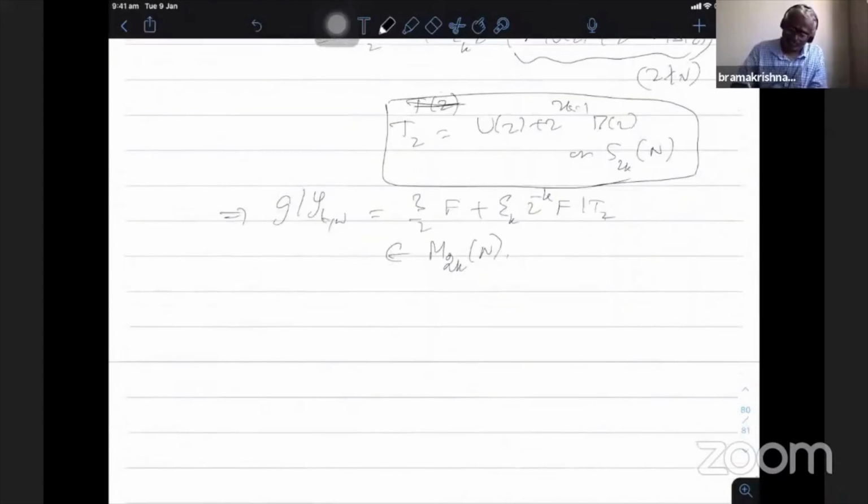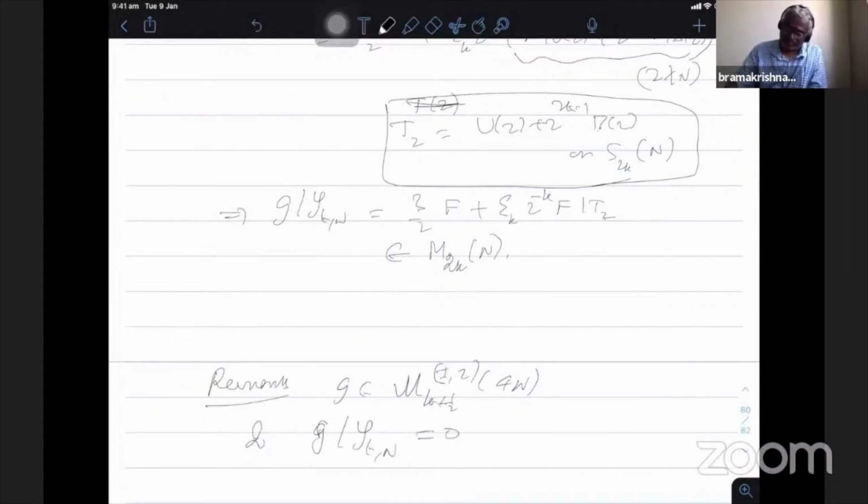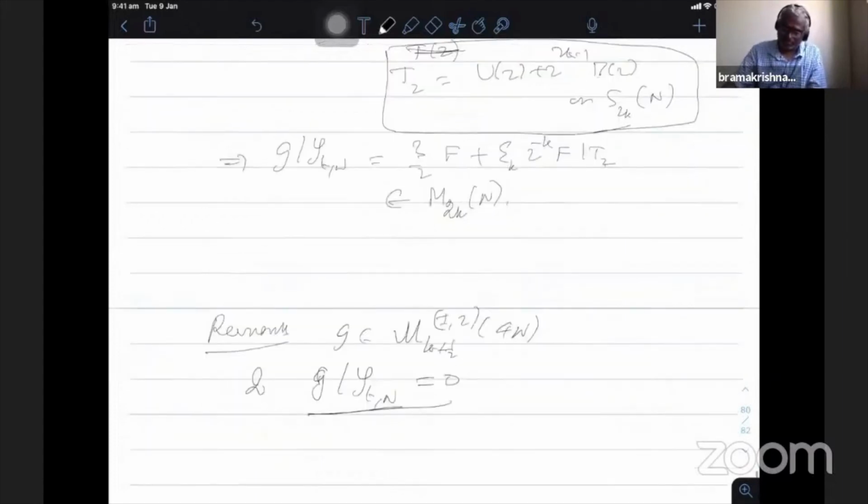Now, a remark. Suppose G is in the old space, not in the new forms. If G bar STN is 0, that is, your mapping property says G also annihilates the functions of this.